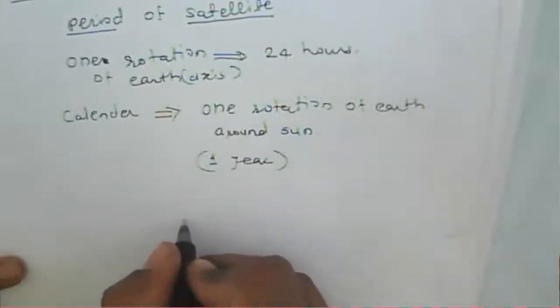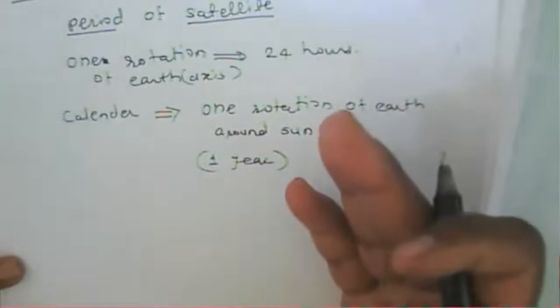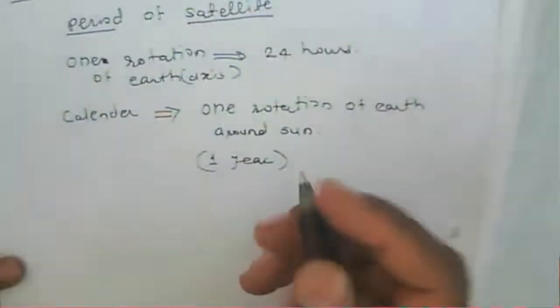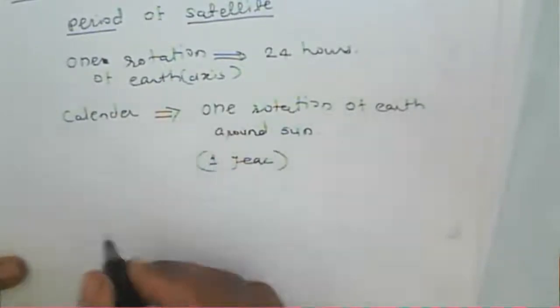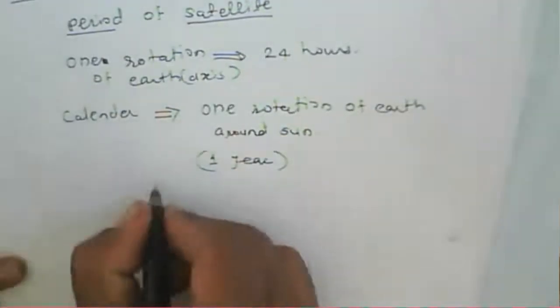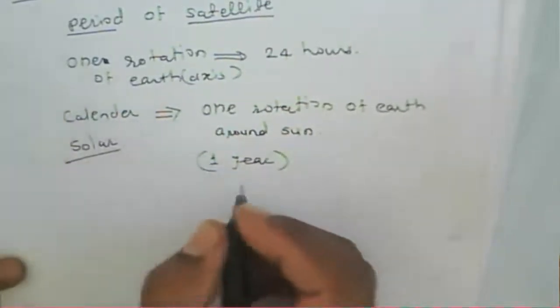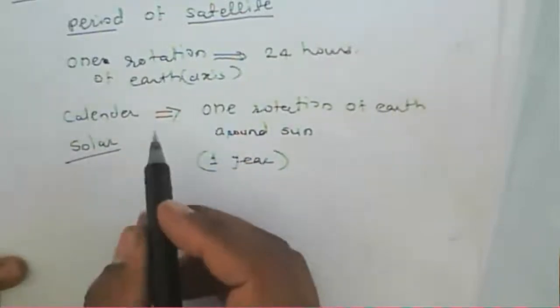That one rotation of the Earth around the Sun is 1 year, that is a calendar year. If you see the solar system, there are different planets, and one planet is our Earth. The Earth rotating around the Sun takes 1 year, and that calendar is called a solar calendar.